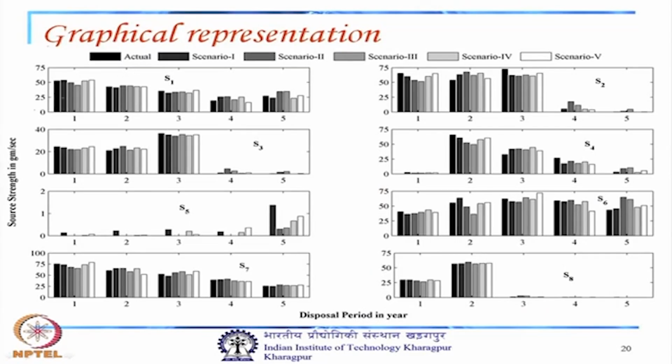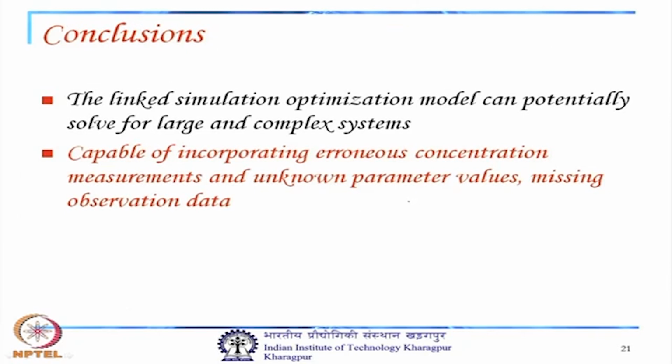So, graphical representation of different scenarios, this is the actual scenario, and with the actual scenario how things are varying here. So, conclusion is that the linked simulation optimization model can potentially solve the large and complex system, capable of incorporating erroneous concentration measurements and unknown parameter values, missing observation data.